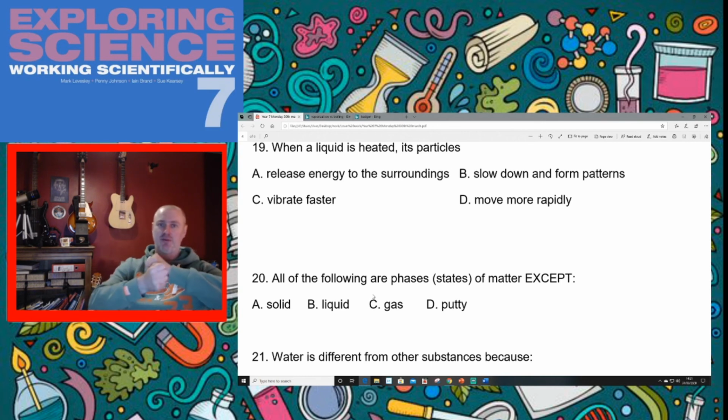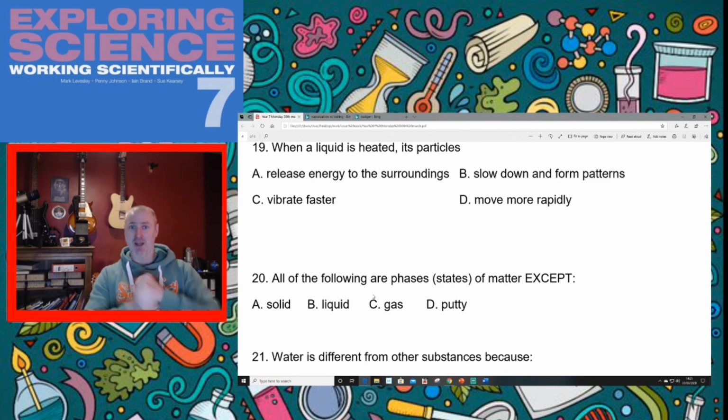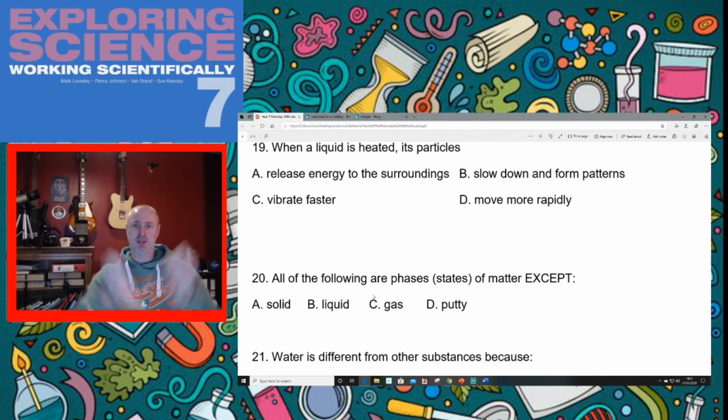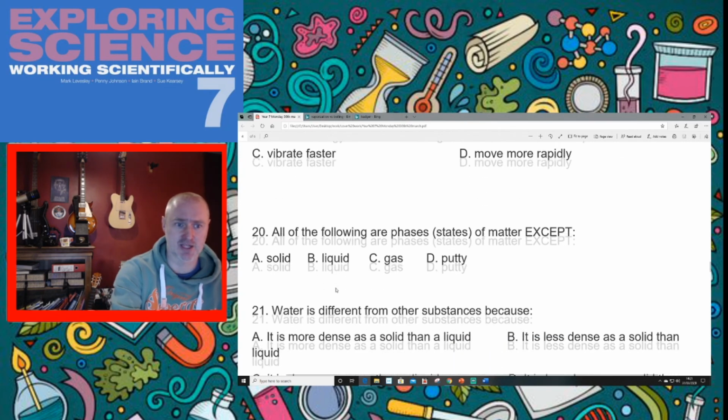If they get enough energy as they are moving, they can overcome the bonds that hold the particles together, and that's when the liquid will boil. Those particles are moving fast enough to rip apart and they're no longer bonded together. If we're talking about melting in a solid, those vibrations could become big enough to rip those particles apart so they become a liquid. Anyway, the answer there was D for 19.